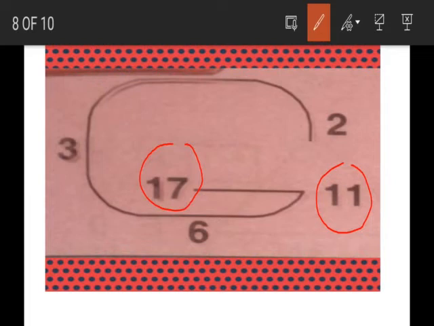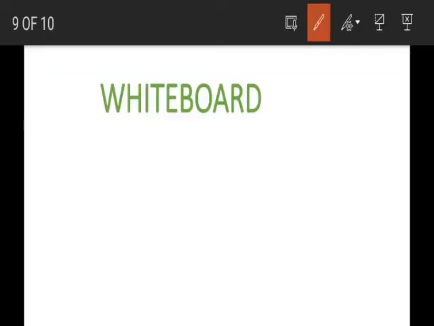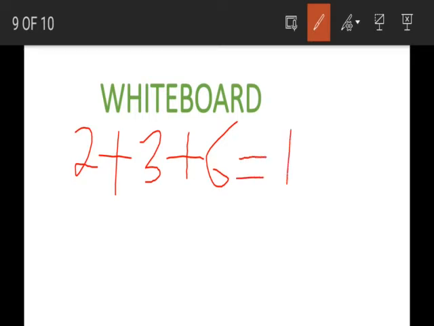Now, how do we get the 17? 11 plus 6 will give us 17. So if you are to look for the number in this 17th place, what you have to do is just add the number at this 11th place and the one at the bottom. That is 2 plus 3 plus 6, which is 11.